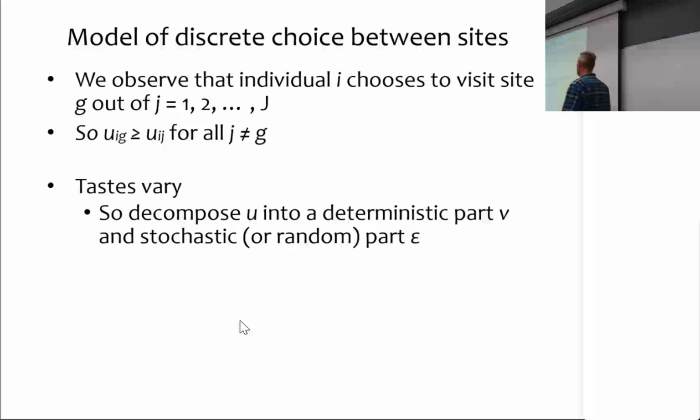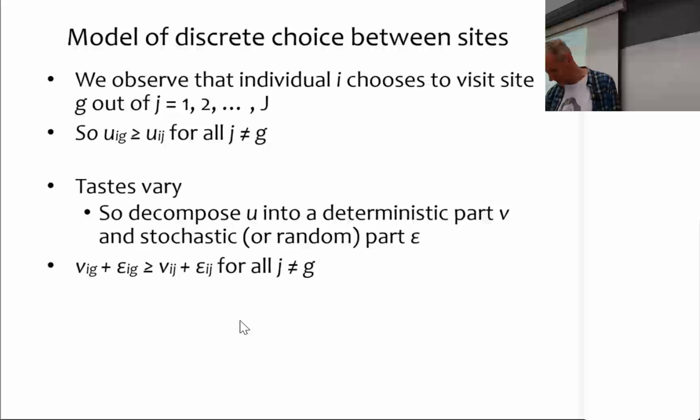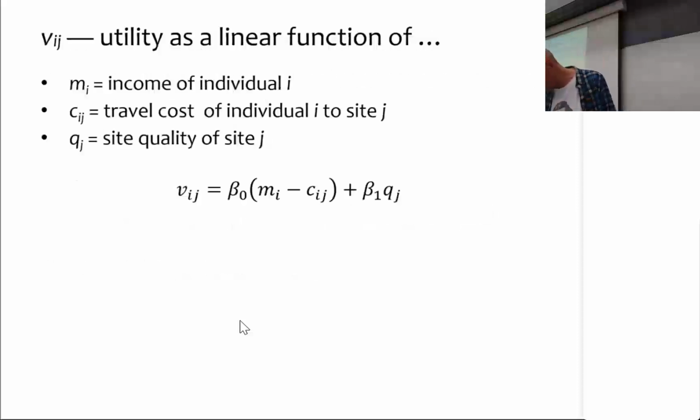Now, not everybody is the same. So what we can do is decompose utility U into a deterministic part and a stochastic part, epsilon. So we replace U by V, the deterministic part, and then we have a random component here. We do the same on the other side of the equation, and we have this particular condition.